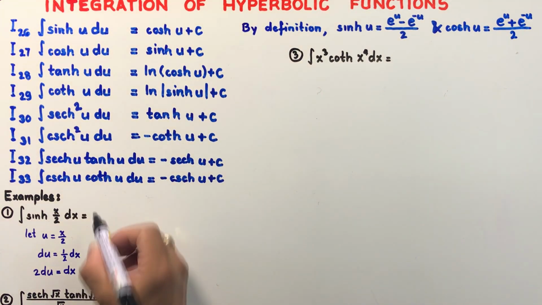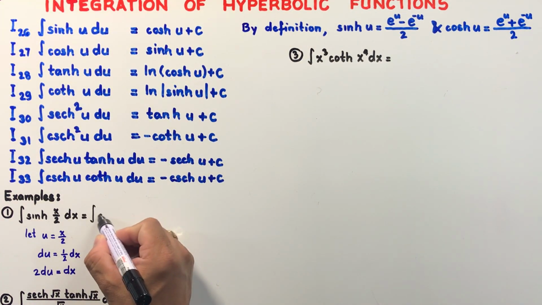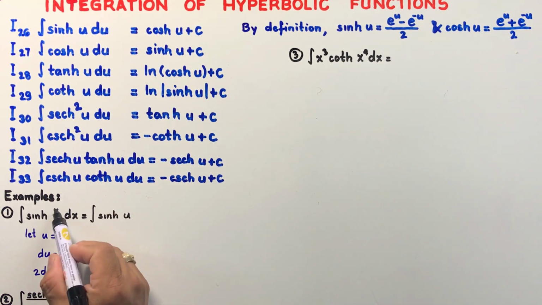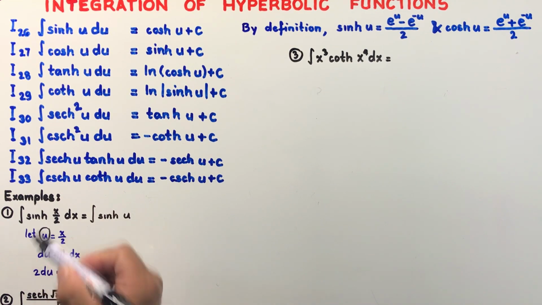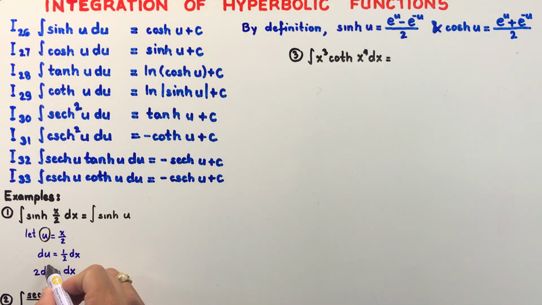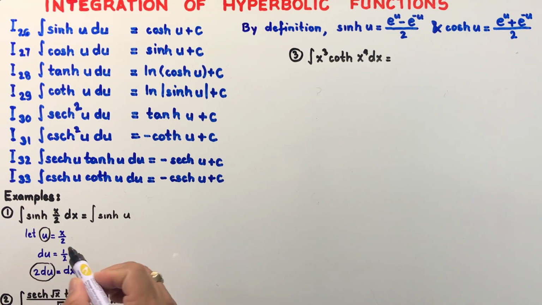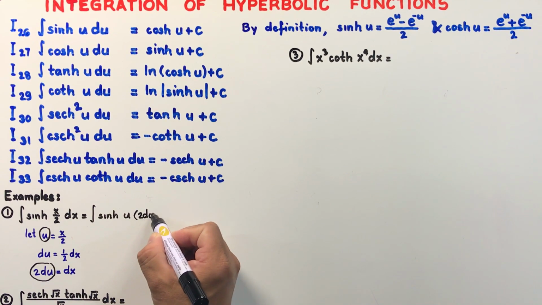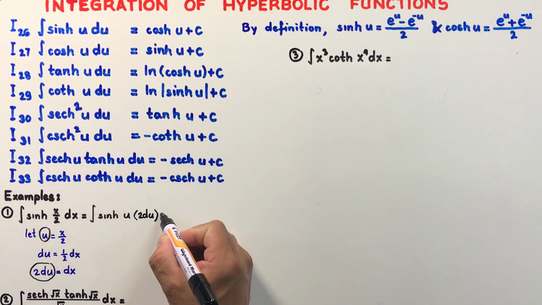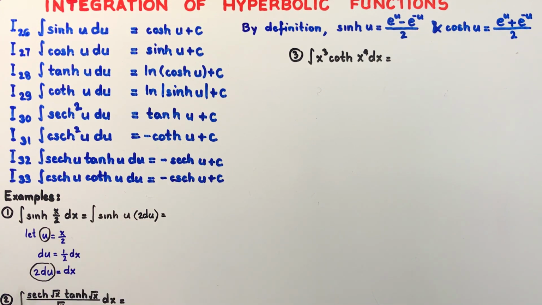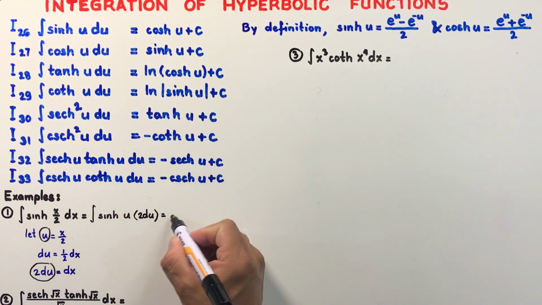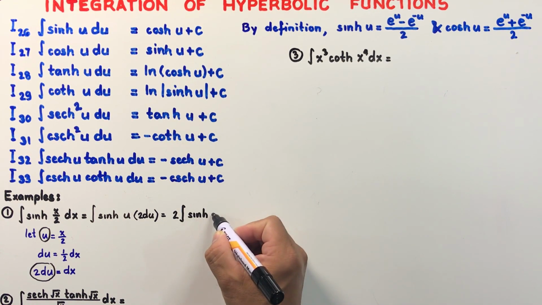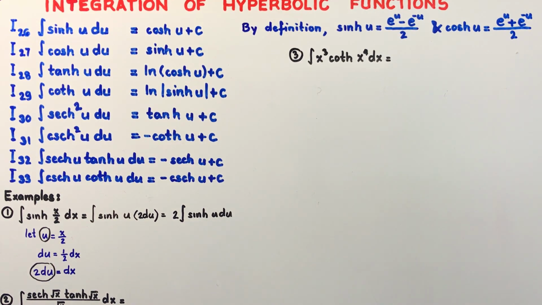Now, by substitution, we have the integral of the hyperbolic sine of u, because x over 2 is our u here, and then our dx is 2 du. So instead of writing dx, you will write 2 du. And then factoring the constant 2 outside the integral symbol, we have 2 times the integral of the hyperbolic sine of u du here.